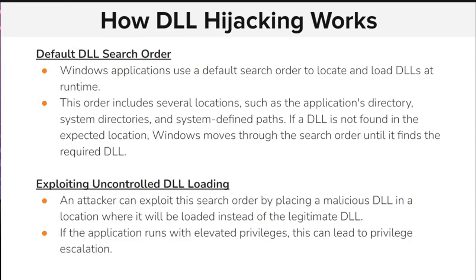If it doesn't find the DLL, then again, it won't load the DLL, obviously. But the bottom line is, I want you to pay attention to the search order, and the reason for that will become apparent shortly.